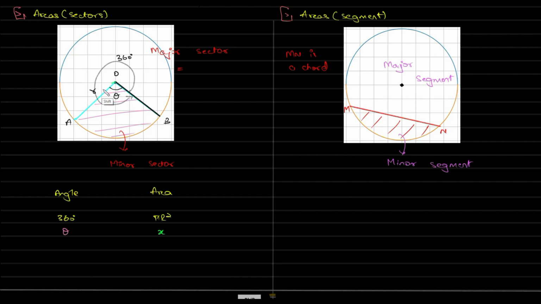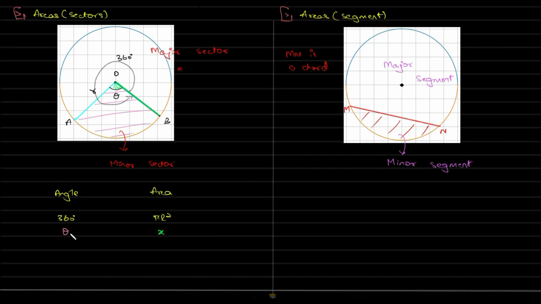If I increase the angle, will my area be increasing or decreasing? My area will be increasing, is it not? So basically, the angle and the area of the minor sector have a directly proportional relationship. Even the major sector also, but anyways. So in this case, theta is being measured in the minor sector.